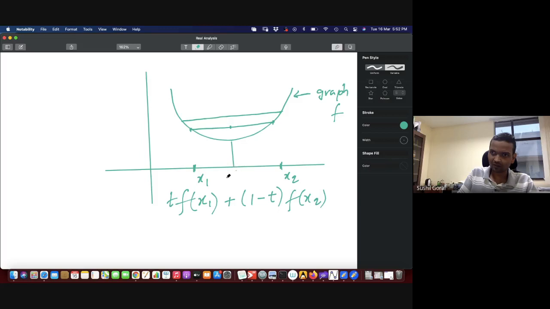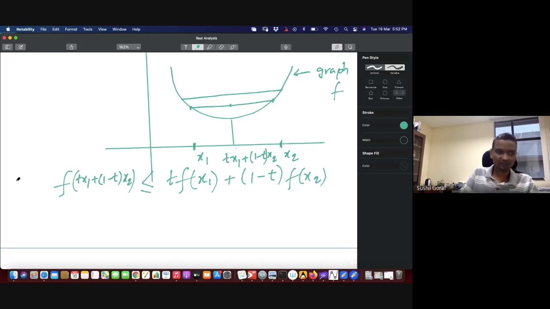And this point will be t x1 plus 1 minus t x2, right? So this will be greater than or equal to f of t x1 plus 1 minus t x2.